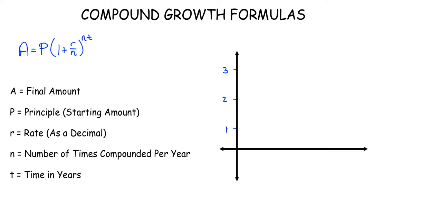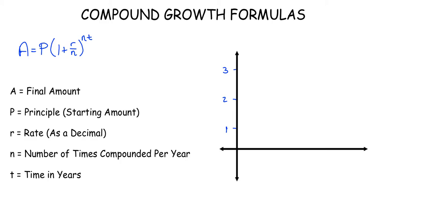So maybe it says that it's growing at 4% per year, but a portion of that 4% is applied quarterly or monthly or something like that. The giveaway, the reason we know to use the compound growth formula, is it usually says somewhere in the problem that we're using compound interest.